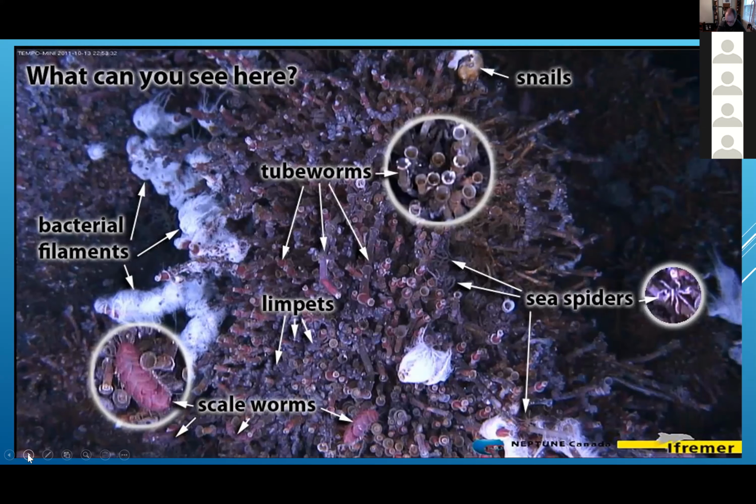Another important thing to notice here is the bacterial filaments on the tube worms. As explained in the previous slides, these bacteria play a crucial role in providing nutrients for tube worms, as well as other organisms that depend on tube worms. Next slide, please.